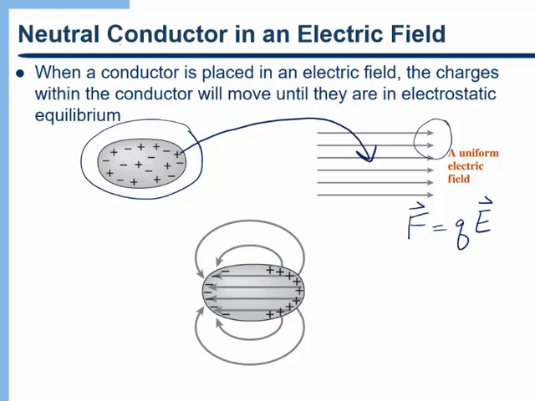So when will the charges stop moving? Well, they're going to stop moving when there's no longer a force on them. And remember, if there's no longer a force on a charge, it means there's no electric field inside that conductor. So the electric field that gets set up by the charge distribution is exactly equal and opposite to the electric field that the conductor is being put in.